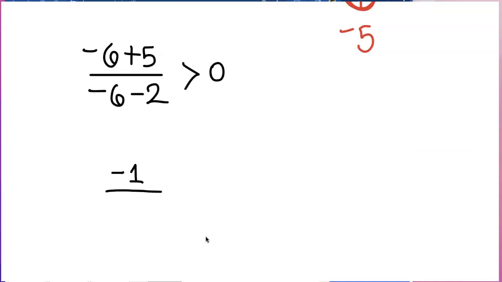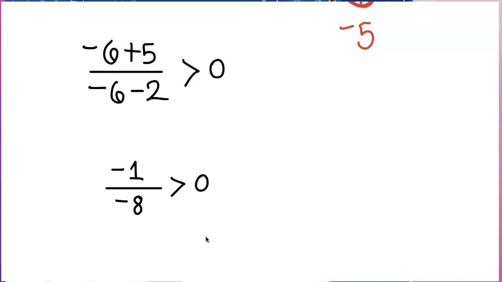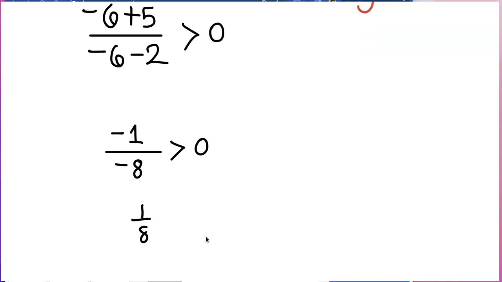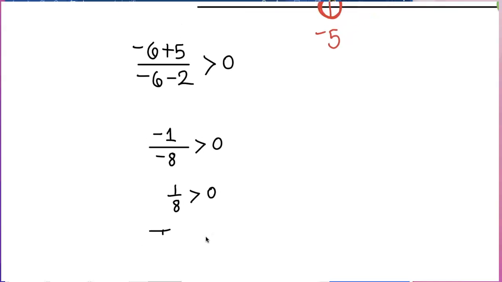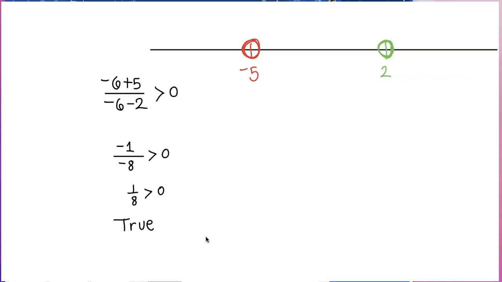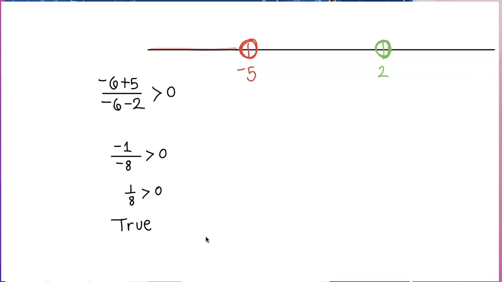The denominator is negative 8. Negative divided by negative is positive. And positive 1/8 is definitely greater than 0. So we have a true statement. So the interval to the left of negative 5 must be the answer interval. So I'm going to go ahead and mark it. So we found the first solution interval.